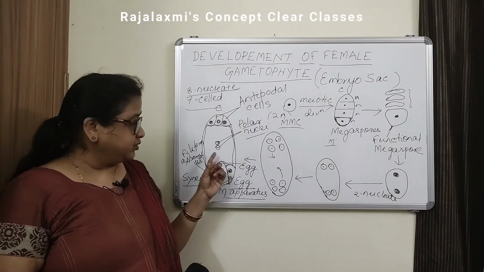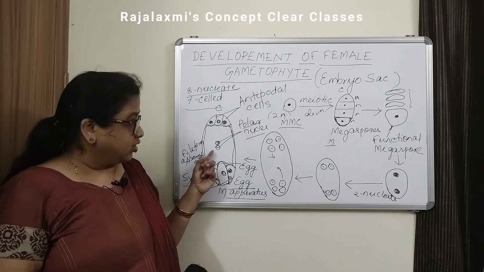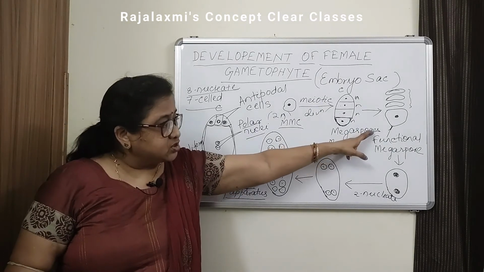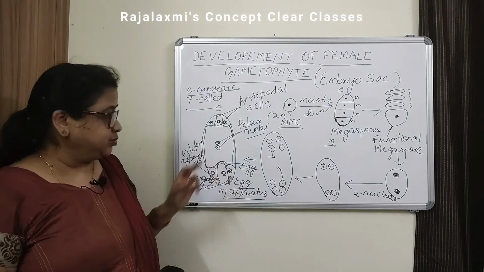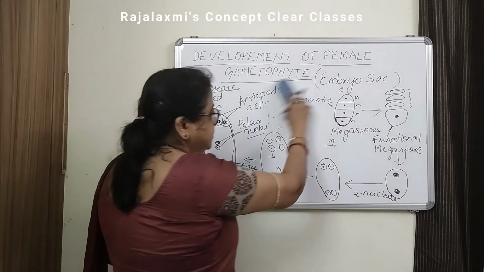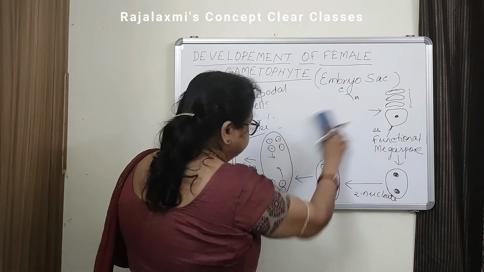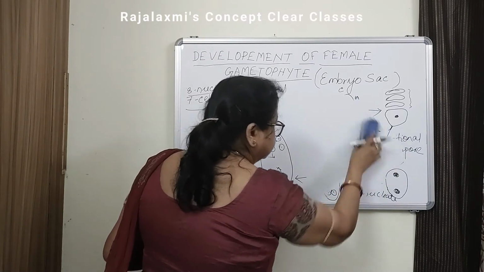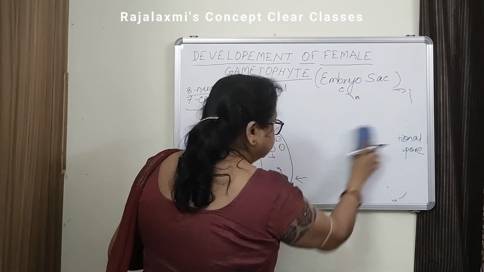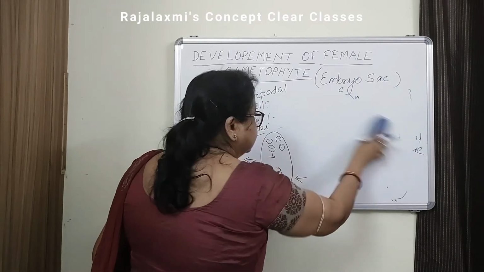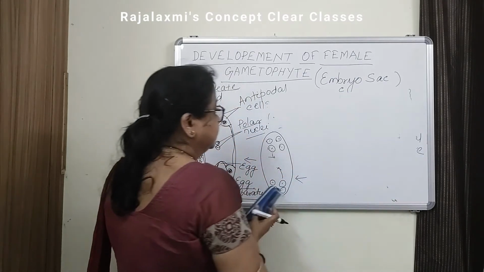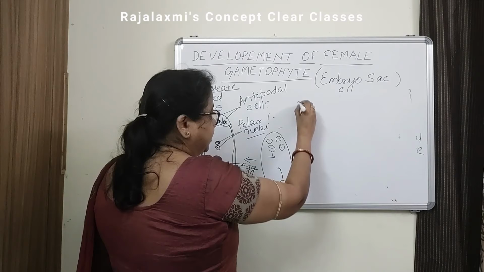As the development of female gametophyte occurs from a single functional megaspore, this type of development is known as monosporic development.